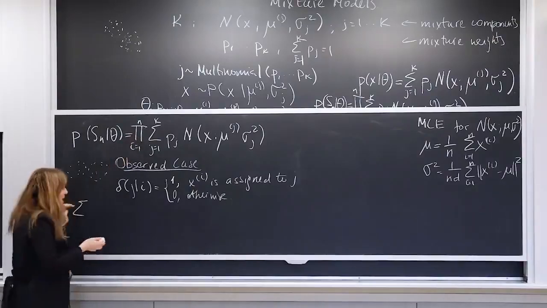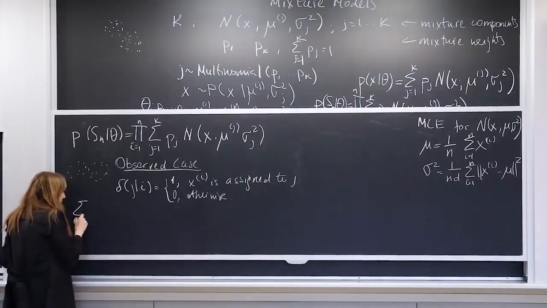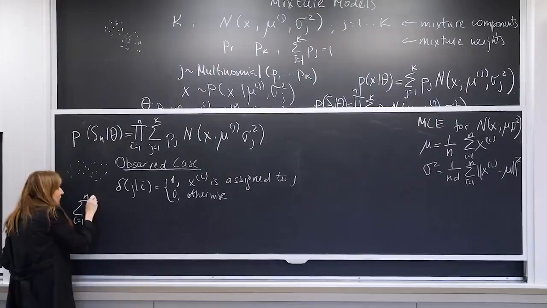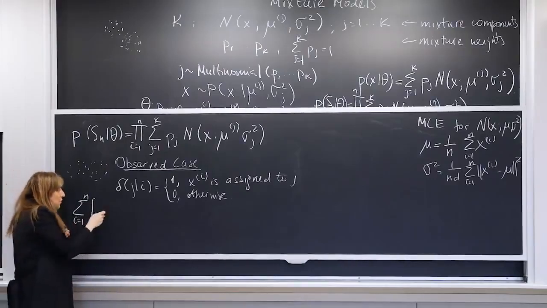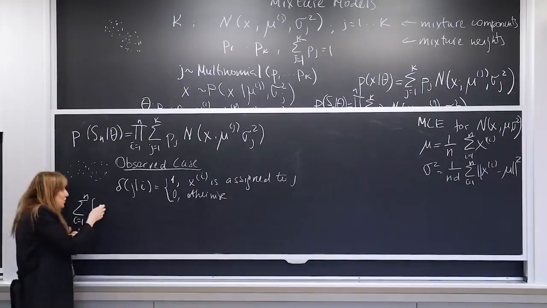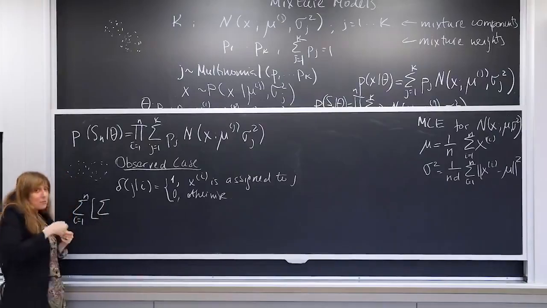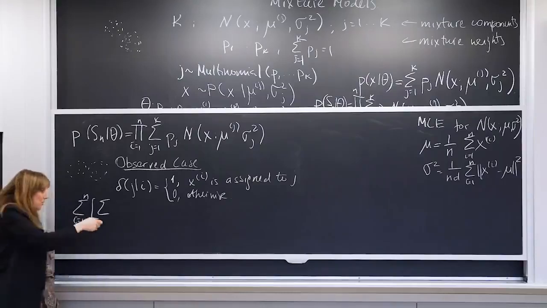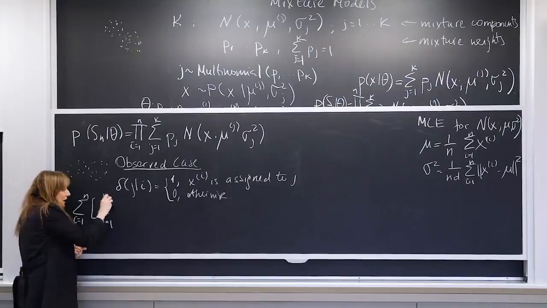So let's start here. I am taking the log, so the product is going to become a sum. So I'm writing sum from 1 to n. Then we go through all the points, and we look at which clusters they belong to. So for every point we're going to see to which cluster it belongs, so j from 1 to k.